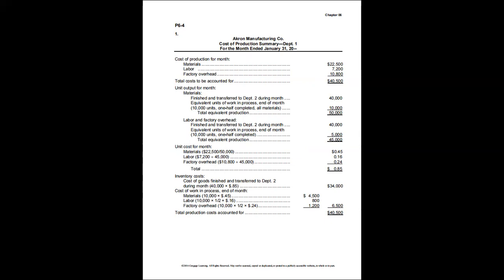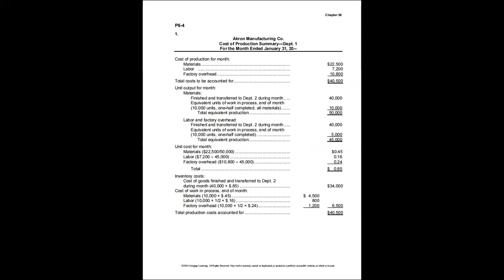In Department 1, all the materials are put into production at the beginning of the process. Department 2, materials are put into production evenly throughout the process. And in Department 3, all materials are put into production at the end of the process.